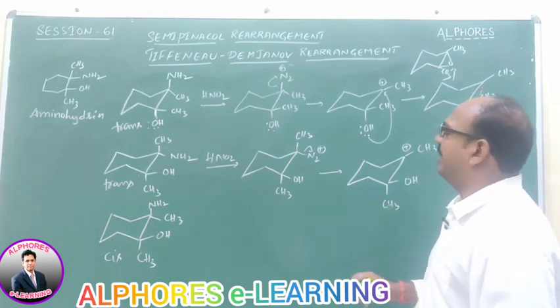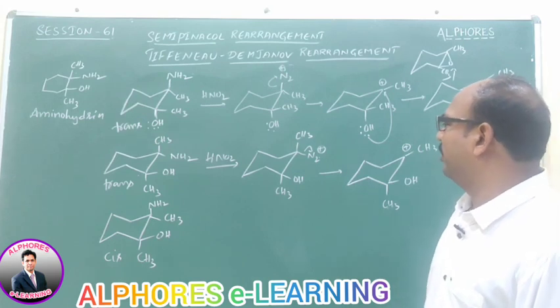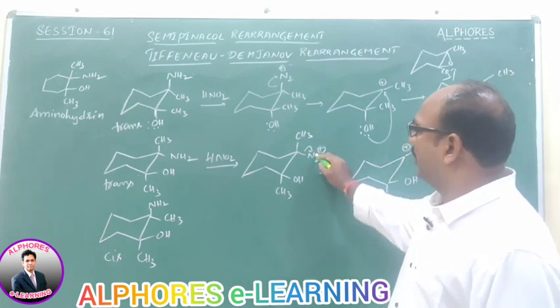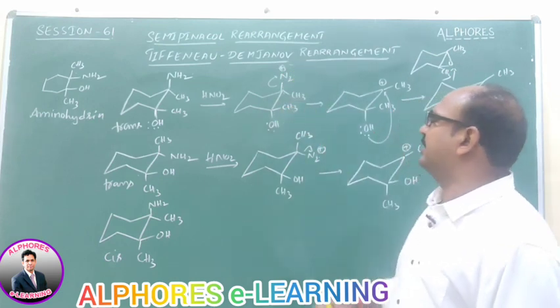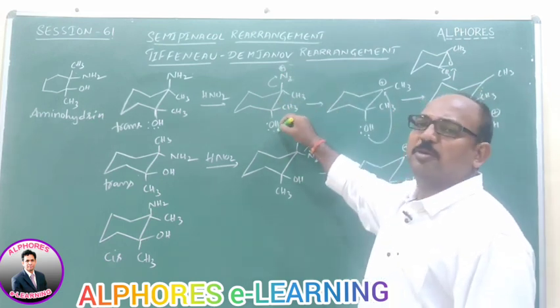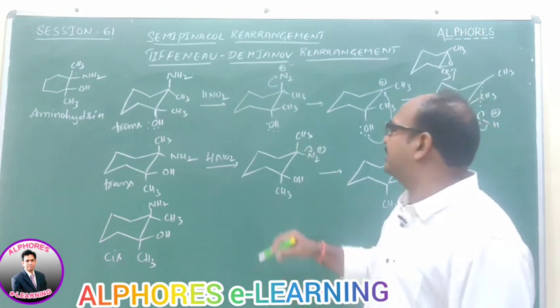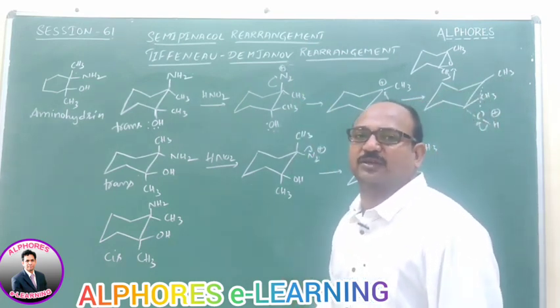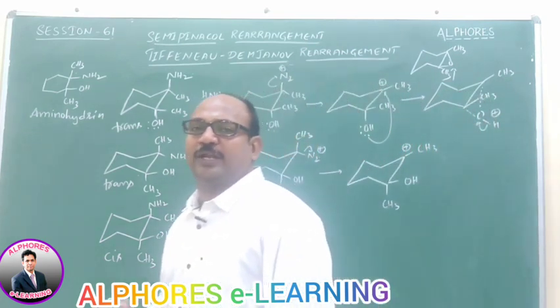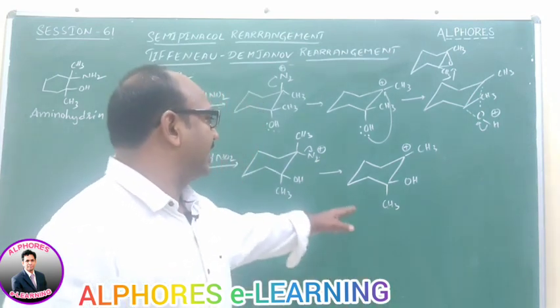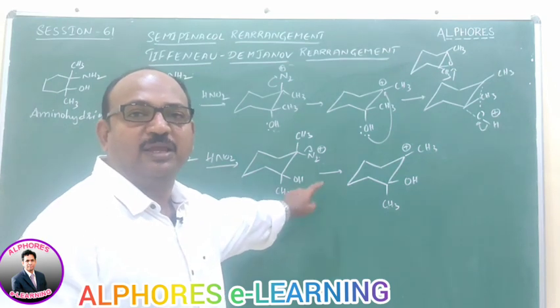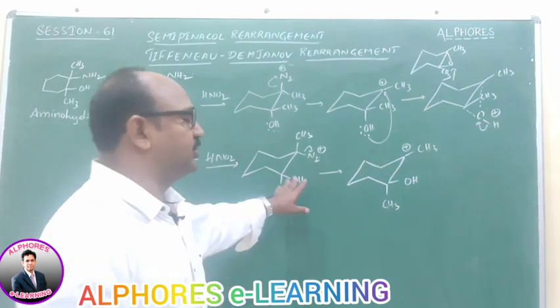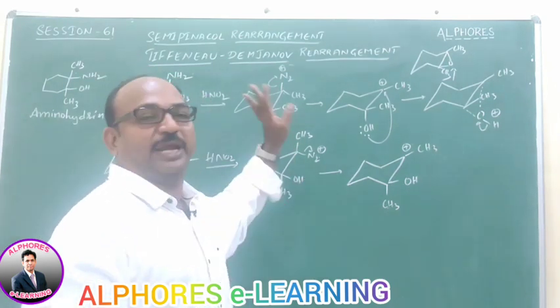If you observe here, with respect to the leaving group, in this case the OH and the leaving group are both axial. Because both are axial, we can say this OH group promotes the leaving tendency of N2. Whereas in the second case, the leaving tendency is not influenced by the OH group. Of course, the methyl group cannot do anything.